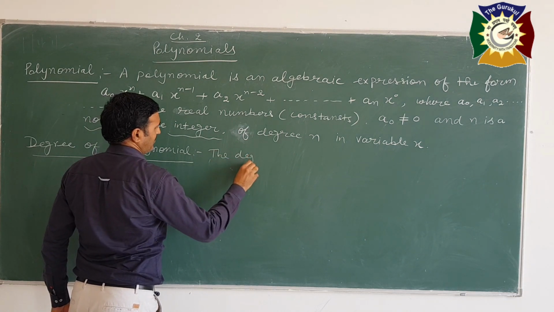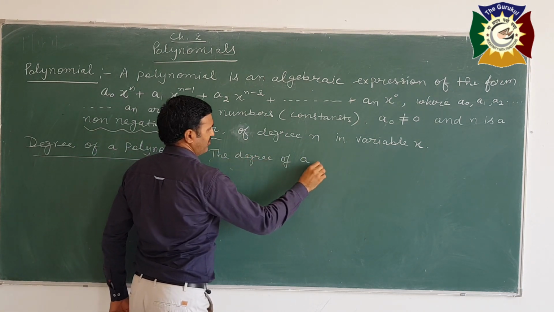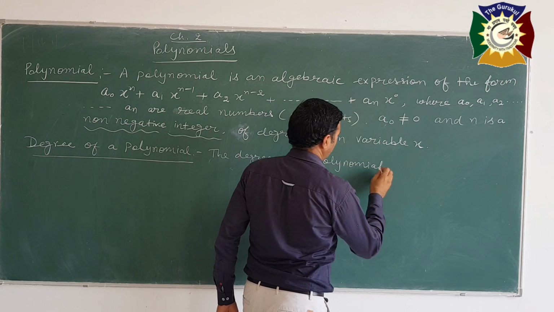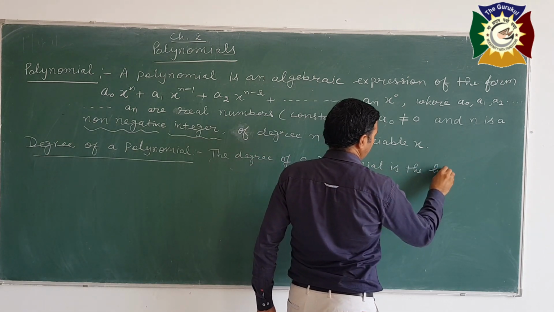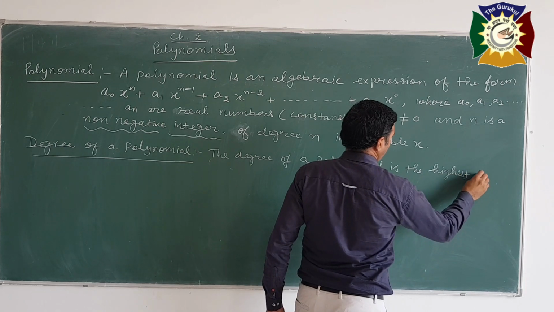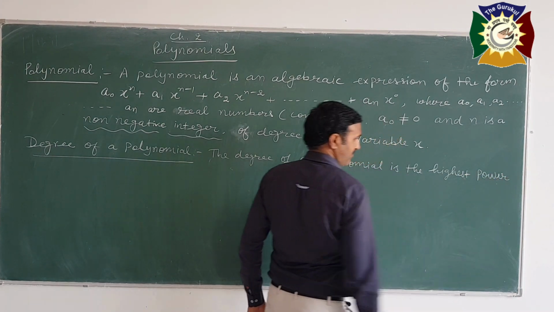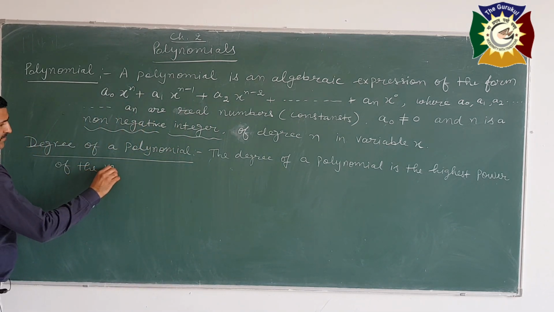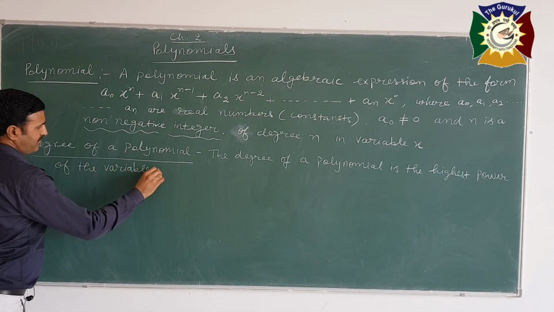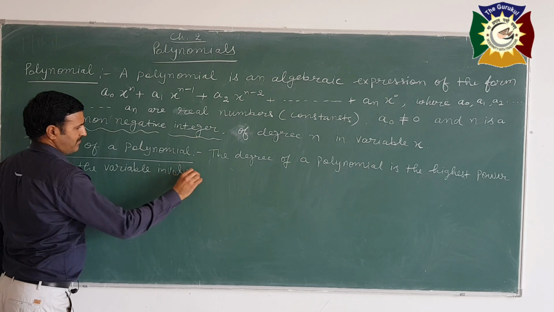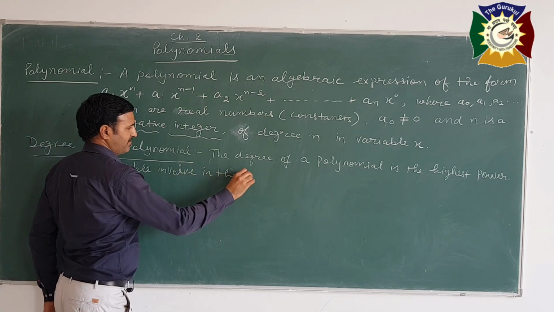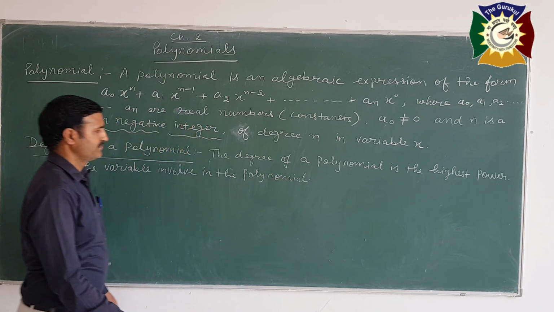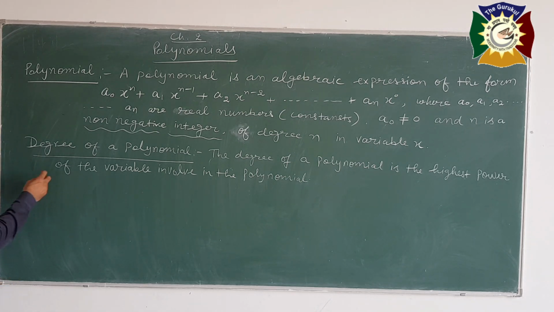The degree of a polynomial is the highest power of the variable involved in the polynomial. Some examples.